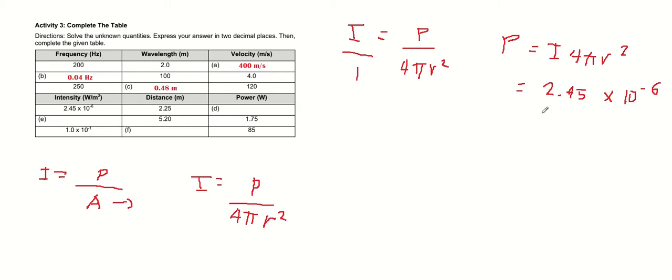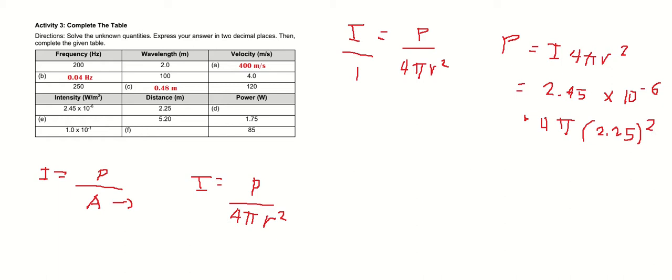Tama ba? Tapos, times mo siya sa 4 pi r squared. 4 pi. Tapos, yung value ng R natin is 2.25. So, raise mo to sa 2, yung 2.25.